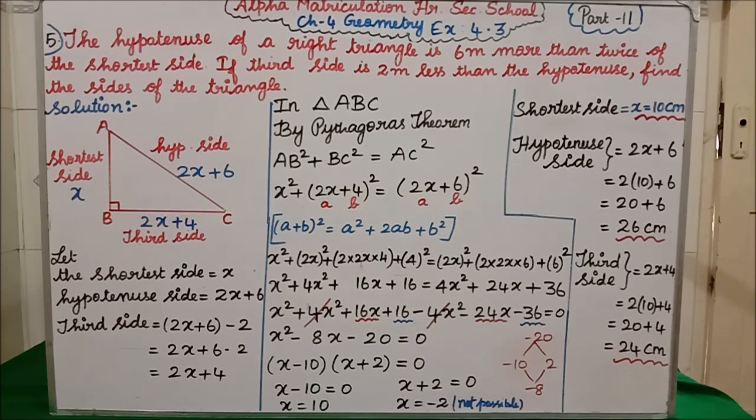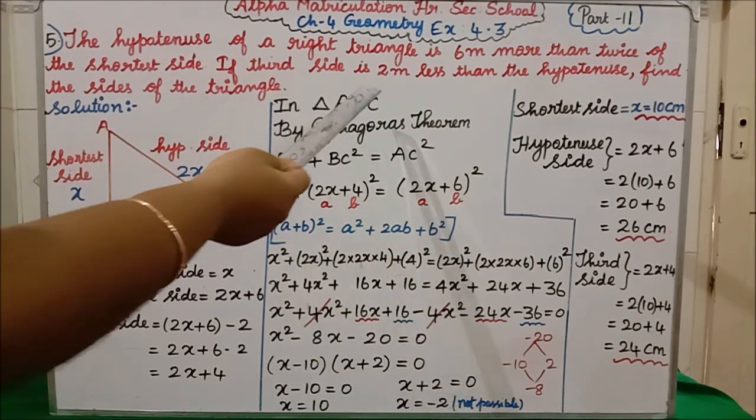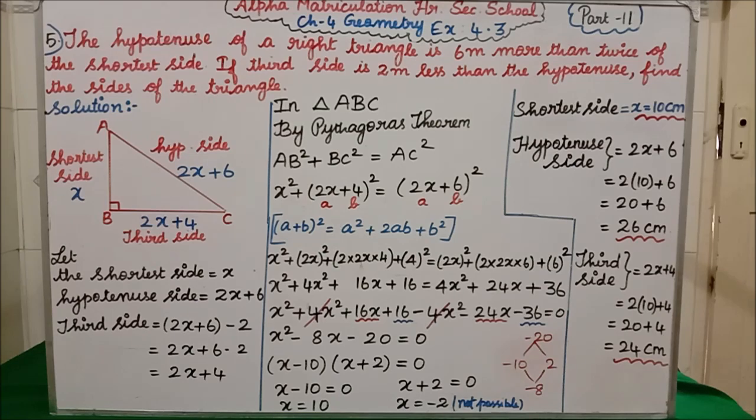Okay, now what have they given next? If the third side is 2 meter less than the hypotenuse. Less than means we have to do subtraction.